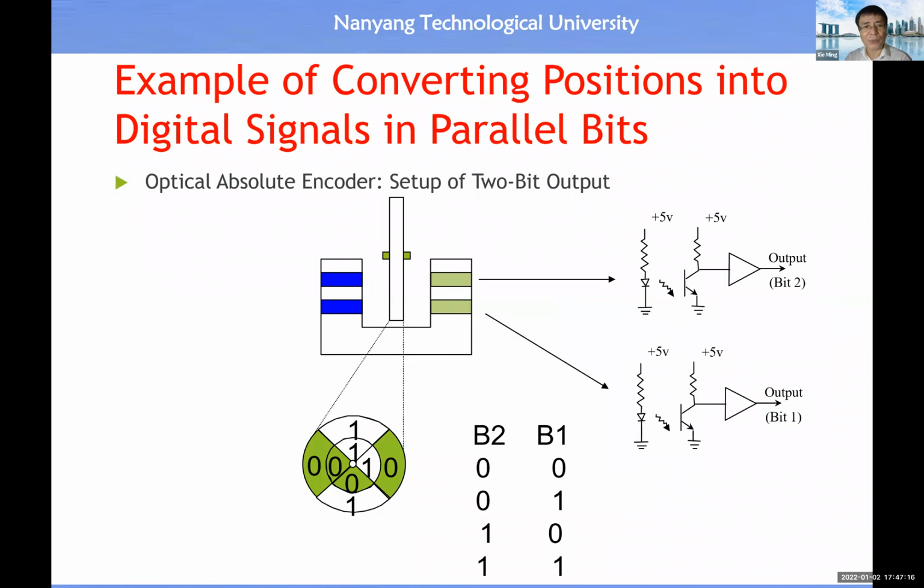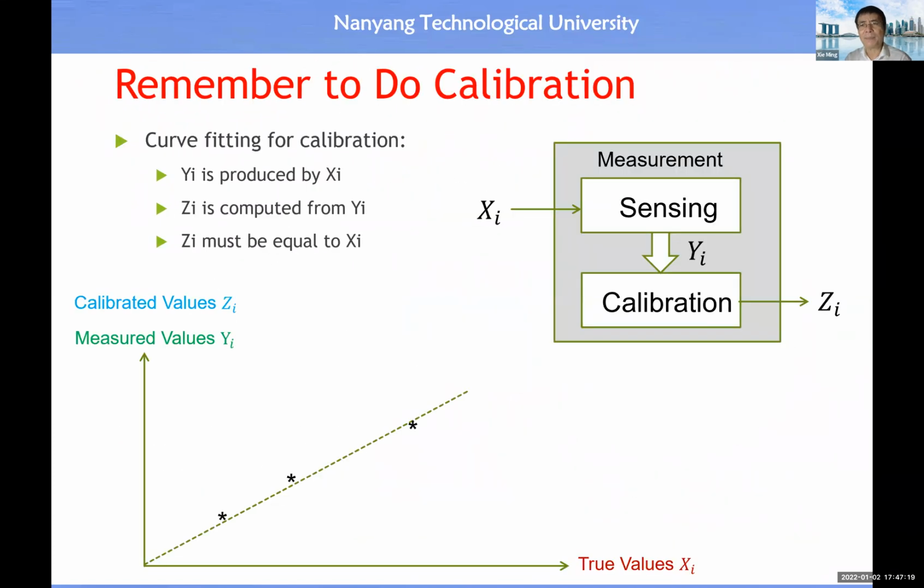Like for many other sensors, always remember to do calibration, especially when you apply the first principle to design the measurement and sensing system for position, because the first method makes use of the principle of converting position information into DC voltage, then from DC voltage into a digital number. In that case, you have a Yi output from the microcontroller, and this Yi may not exactly correspond to the value of the position.